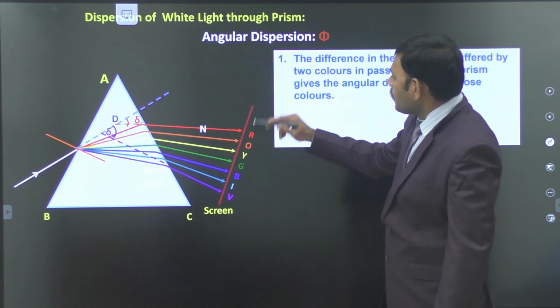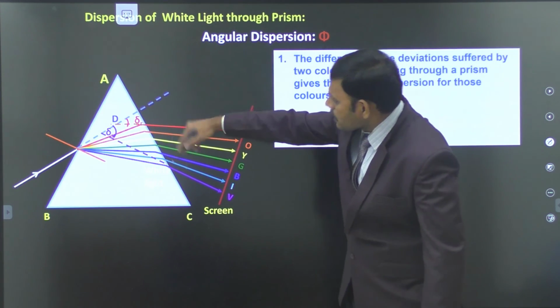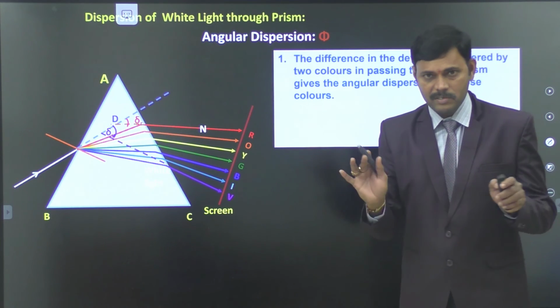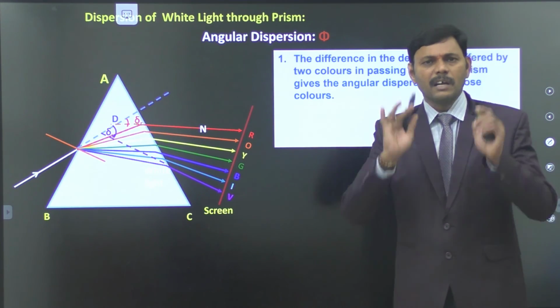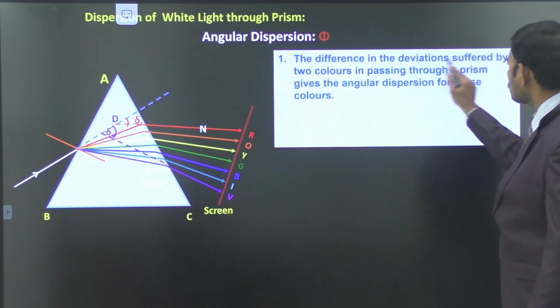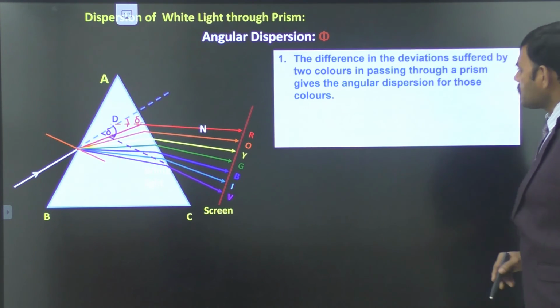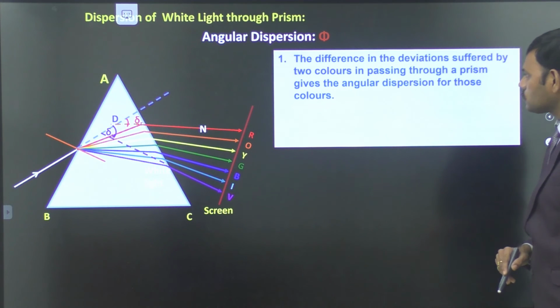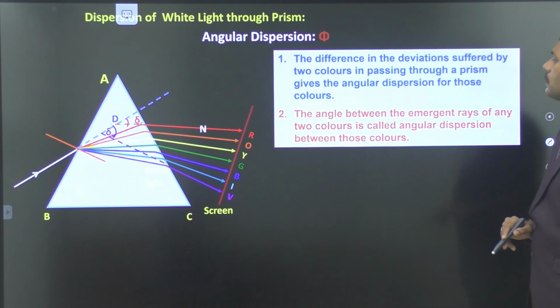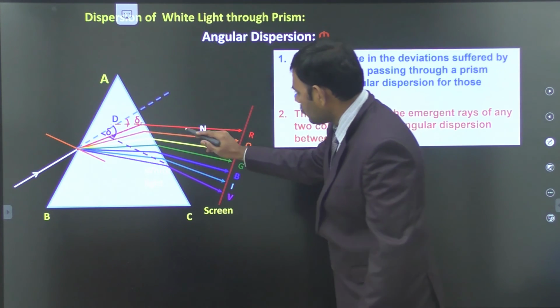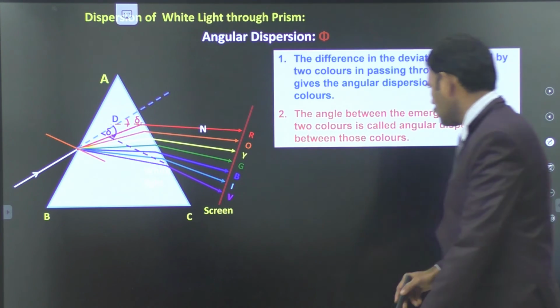Then angular dispersion is the difference in the deviation of the respective colors. So it is the angle between the emergent rays of any two colors.